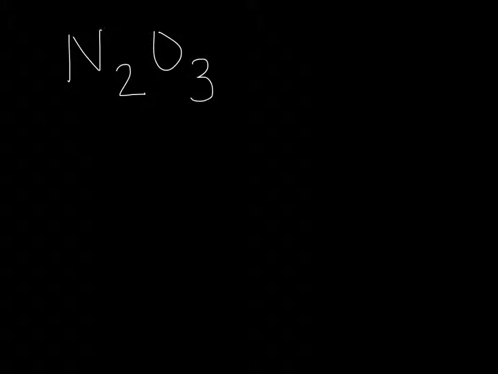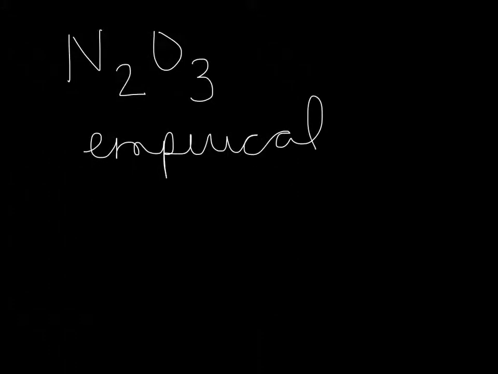So now I have N2O3. Now this is my empirical formula because neither the 2 nor the 3 can be reduced. They can only be reduced with a 1, and that still leaves us with N2O3.